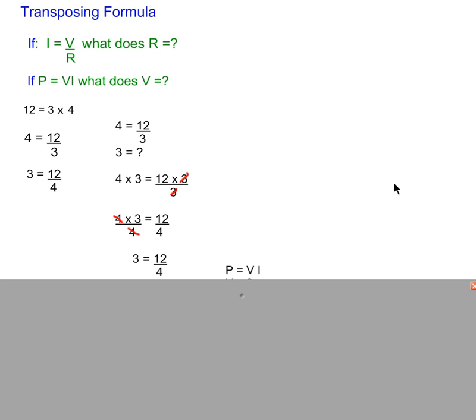So using that understanding, let's look at this equation where P is equal to V times I, and what is V? We can do the same thing as we've just done here.